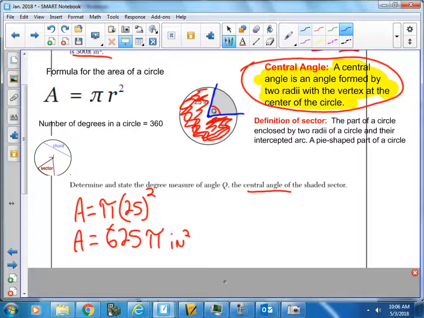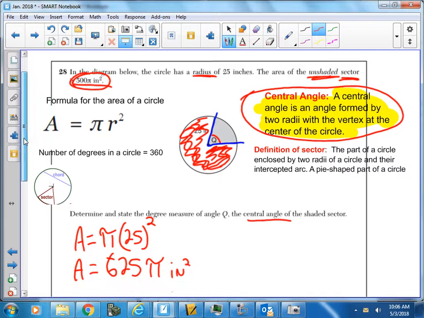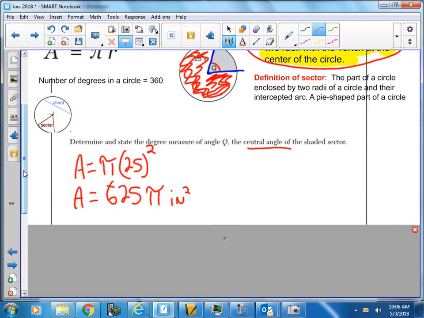Now, I want to think about this. The entire circle has an area of 625 pi. The unshaded part has an area of 500 pi inches squared. So how are we going to figure out the area of the shaded part? Because that might be helpful. What we found in red was the area of the whole.